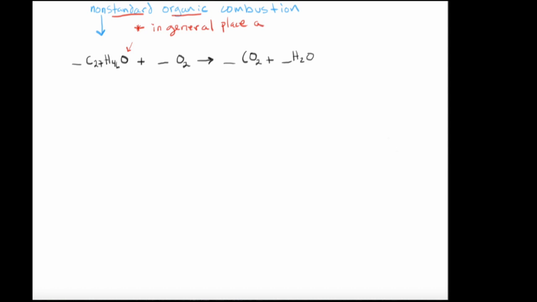But in general, what you're going to do is place, and I'm going to change colors for this, a 1 in front of the organic molecule. And I'm just going to abbreviate this way. And okay, I better add, for the memorizers, I better add a point here.